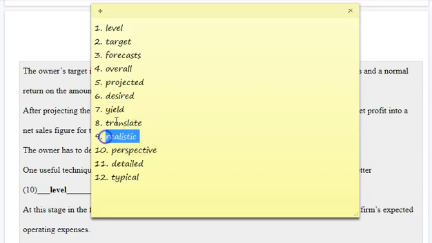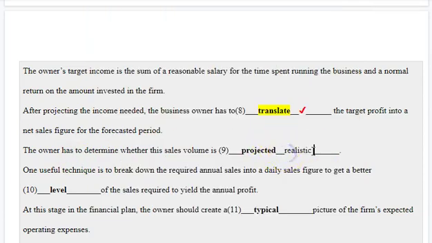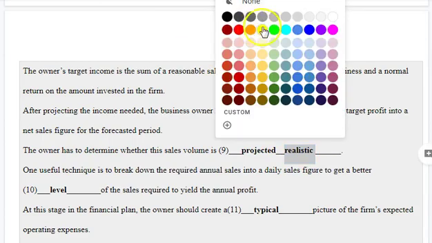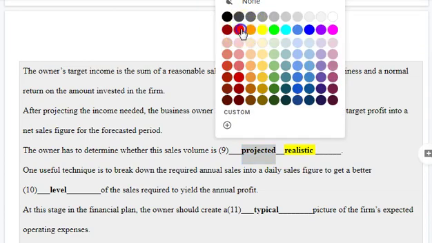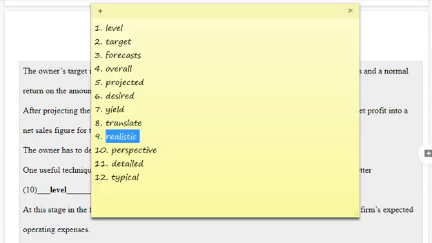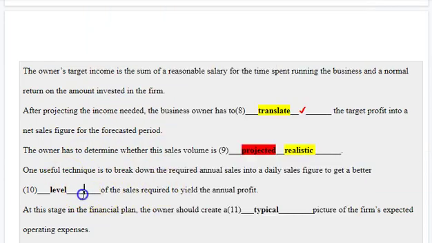After projecting income needed, the business owner has to translate the target profit into a net sales figure for the forecast period. The owner has to determine whether this sales figure is realistic.